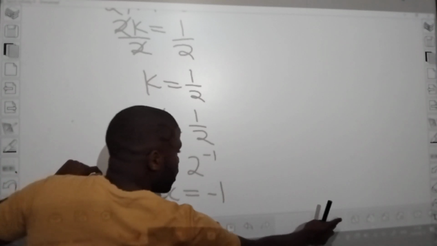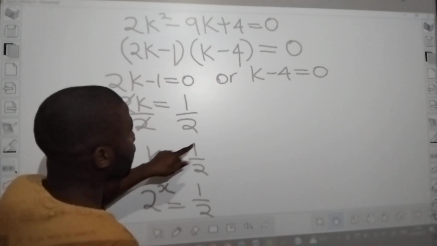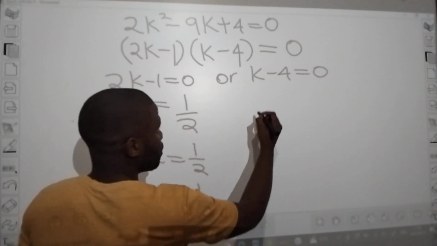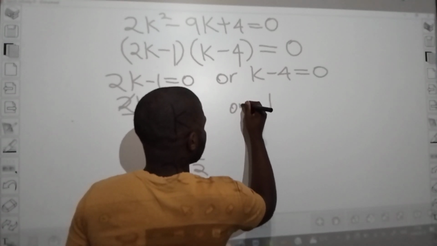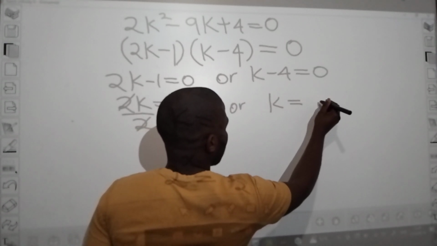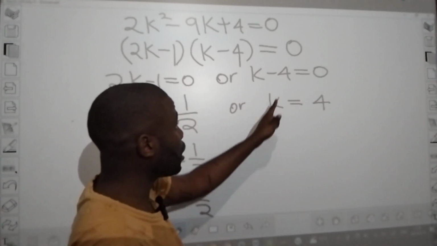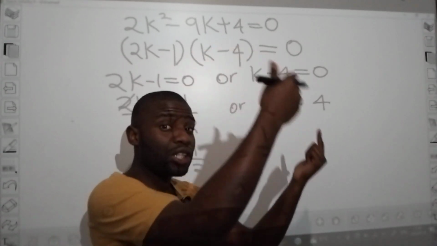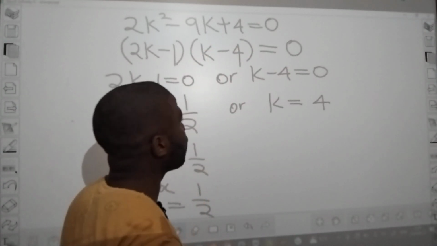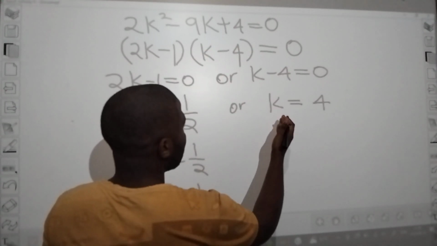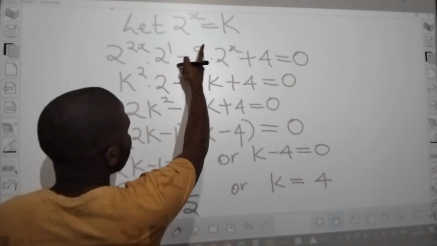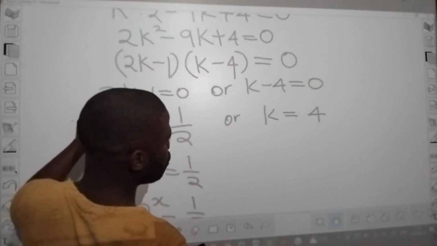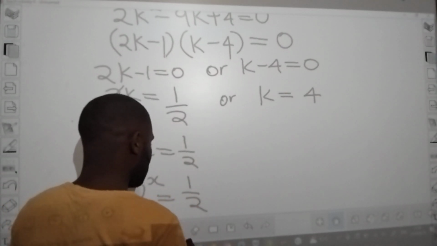Continuing onwards, you are not yet done. You go back again here. Remember, we left it here where k minus 4 is equal to 0. Then you're going to say, k is equal to what? 4. You know why? Because that was negative 4. When I transpose it to the other side, it changes the sign to become positive. And then remember, we said let k be 2 to the exponent of x. It means where there is k, I'm going to write 2 to the exponent of x.